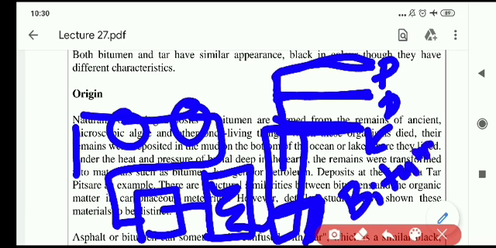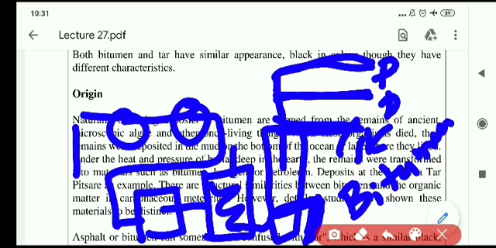So how is this bitumen obtained? Bitumen is obtained with the fractional distillation of crude oil. So what do you mean by fractional distillation? Fractional distillation is nothing but, in a tube well, under a higher temperature, the crude oil is treated.